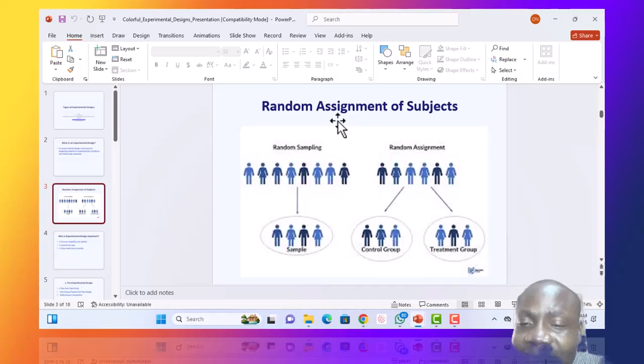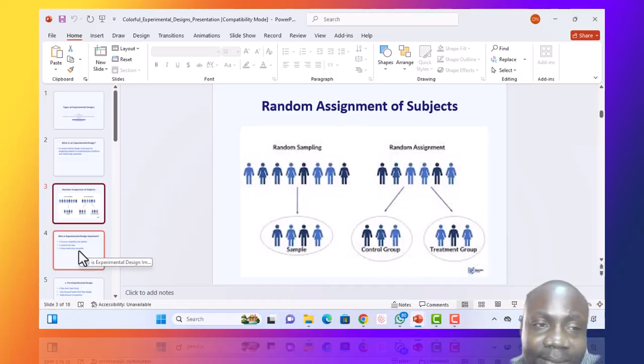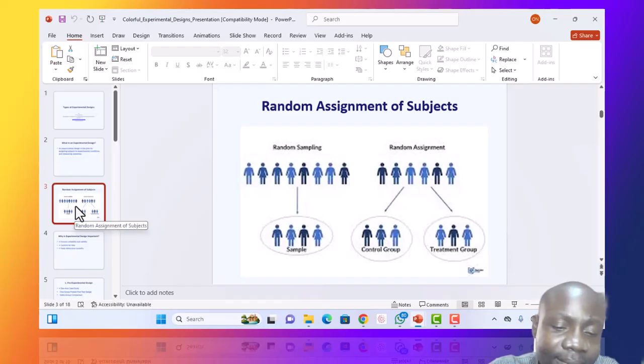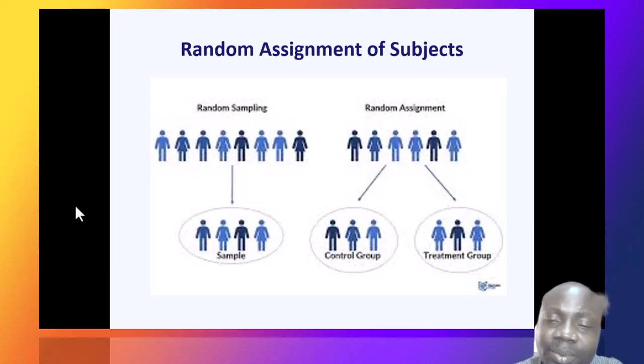You can see the brightness of the color in the control group, they are very bright ones, and the dark one is the first. So it's just random. It is very important we learn that about experimental research.